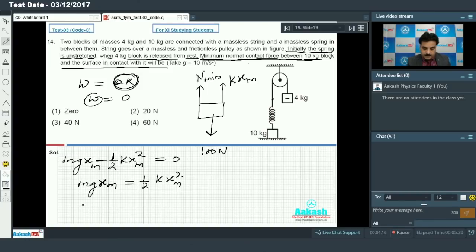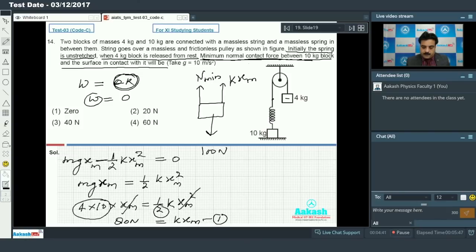Mass m is 4, g is 10, and x maximum, half k x maximum square. So x maximum cancels, and we have 40 on the left hand side. When I transfer 2 from left to right, we get 80 Newton, and this is the value of k x maximum, and this is my relation number 1.